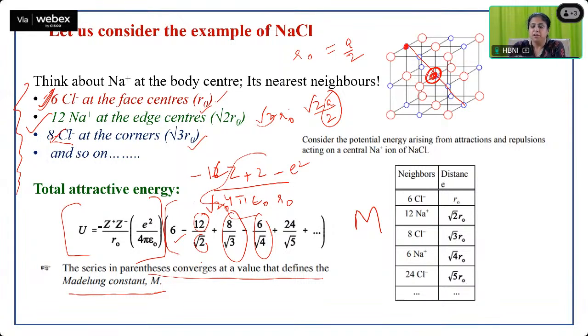Compounds with a similar structure will have the same Madelung constant. For example, NaCl, KCl, or MgO all crystallize in rock salt structure and have the same Madelung constant. That is why it is called a constant, because it depends on the crystal structure.